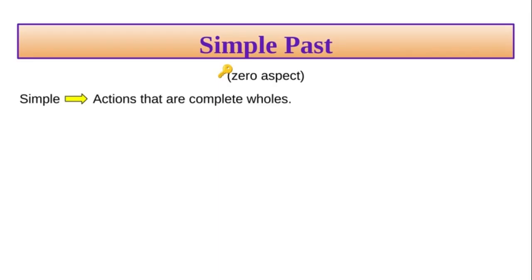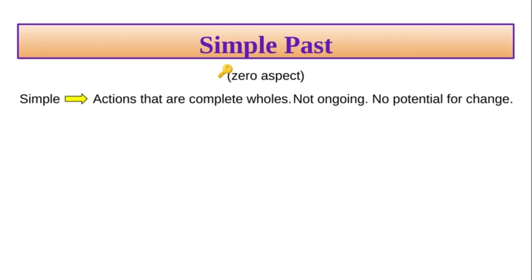The simple aspect is also called zero aspect. Zero is our key to understanding the simple aspect. The simple aspect are actions that are complete wholes, meaning they simply happen. It's a whole action. They are not ongoing and there is no potential for change.